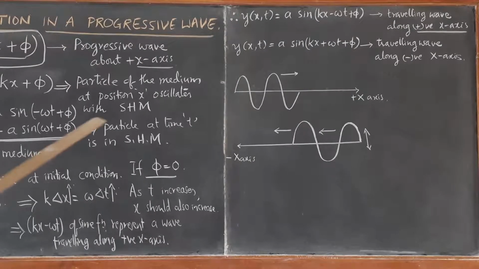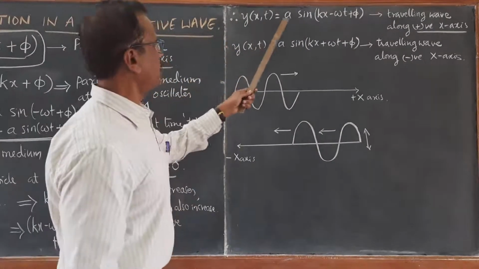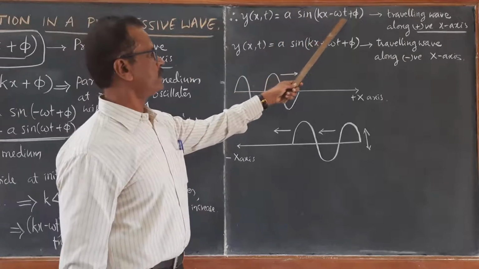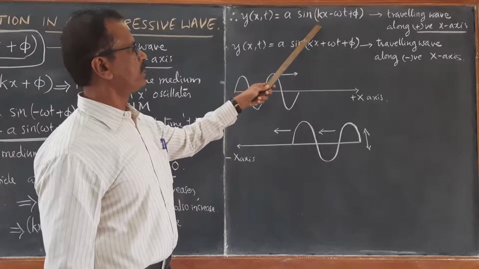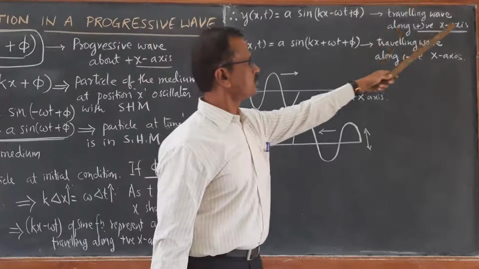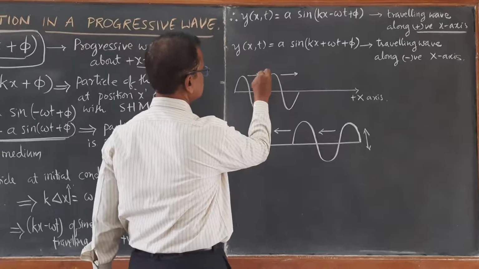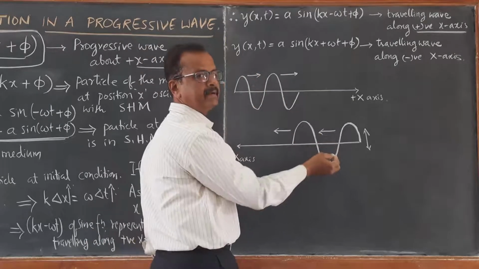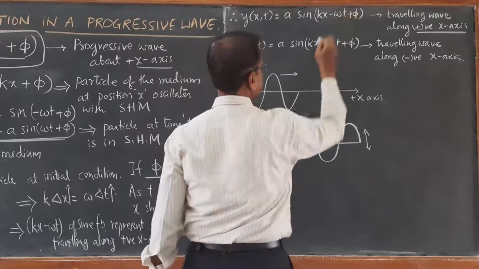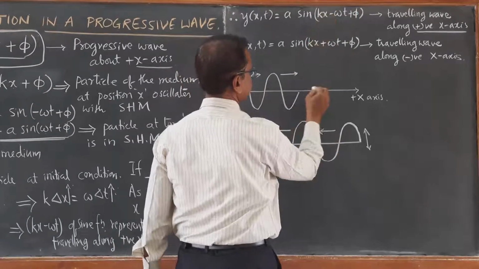You can see here I have written y(x,t) as A sine kx minus omega t plus phi, representing a harmonic progressive wave or a traveling wave along positive x-axis. This is the wave traveling along positive x-axis. It means as time t increases, the x value should increase.